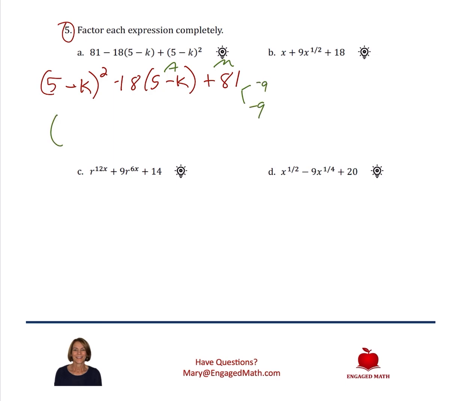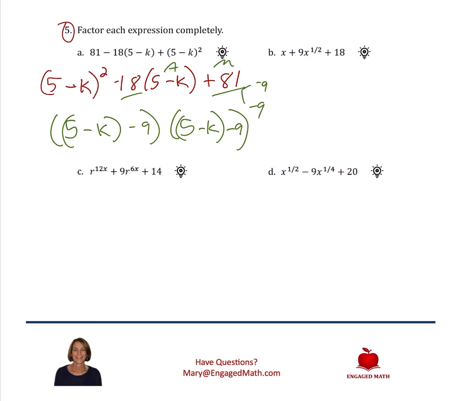So now, instead of putting an x in the first position like we normally do, we have the quantity 5 minus k minus 9 and the quantity 5 minus k minus 9, because negative 9 times negative 9 gives you 81, adds up to negative 18. It's also, by the way, a perfect square trinomial.